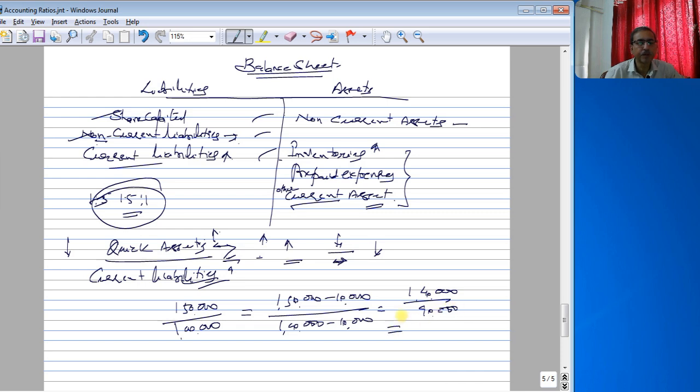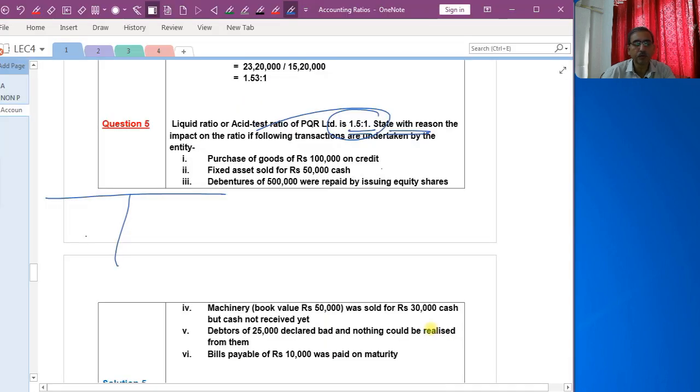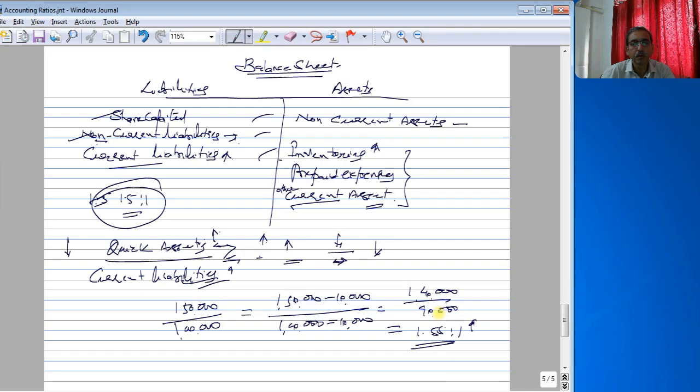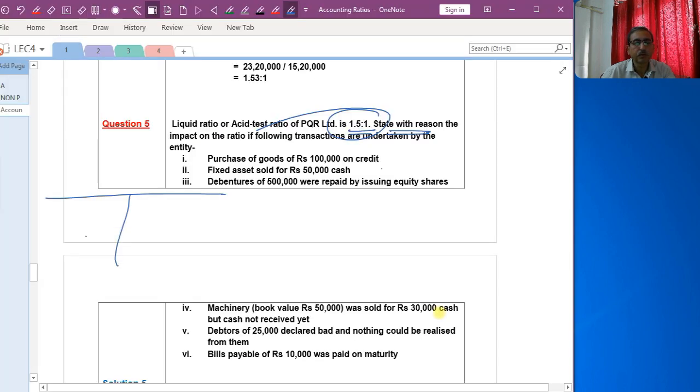When you find this number, 1,40,000 upon 90,000, that gives you 1.55:1. So the ratio is increased. In this case the ratio is increased, therefore you can easily find the answer, otherwise it will be difficult to find the exact number. So this is the way the questions are normally asked.